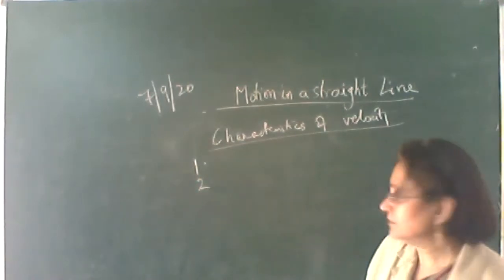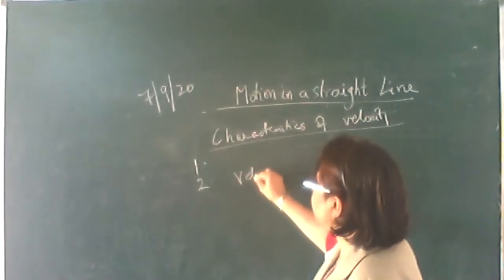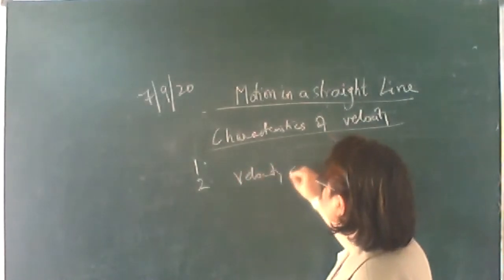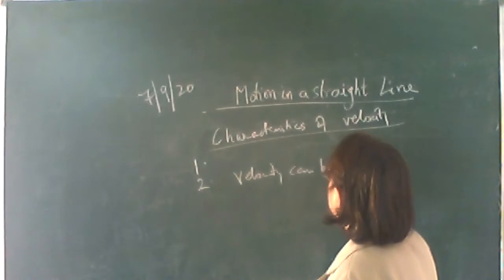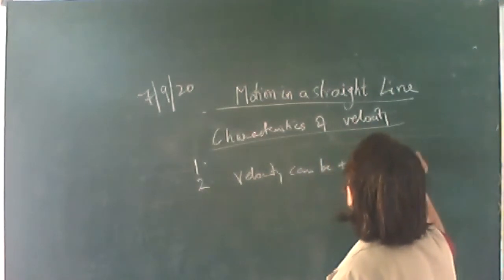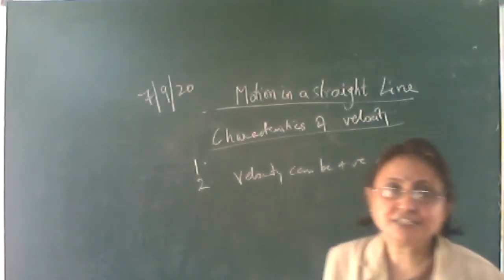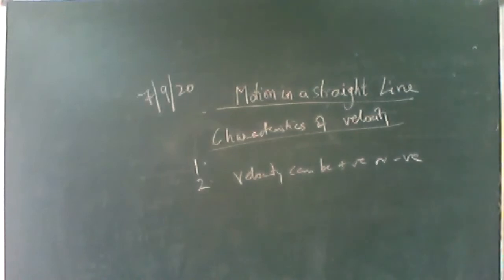Write the second one. Velocity can be positive or negative, whereas the speed is always positive.